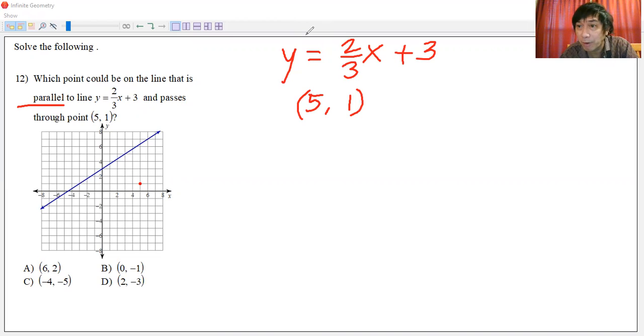Okay, let's try the graphical solution. If it's parallel, then we have a 2/3 slope also, and it will pass through the point. So it must be something like 2 vertical and 3 horizontal, positive.